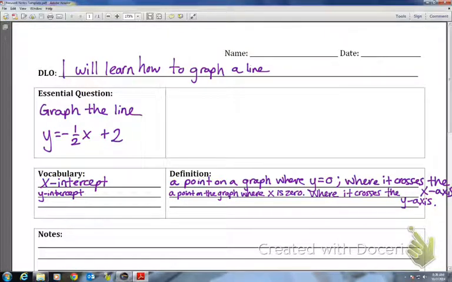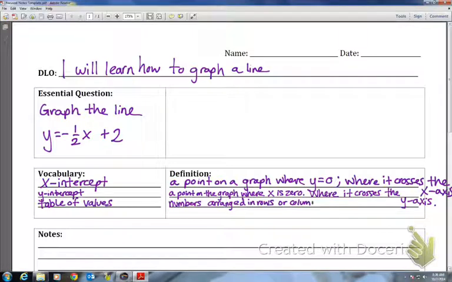last but not least, we're going to learn about a table of values. So a table of values is just something that we create where we put numbers or quantities arranged into rows or columns. So I'm just going to put numbers arranged in rows or columns.